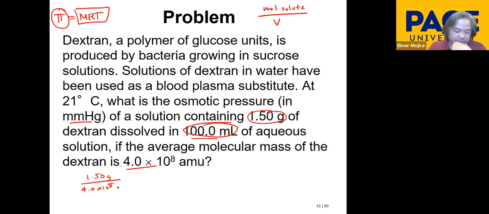That AMU is just a gram per mole. Then you divide all of it by 100 ml, but you have to convert that to liter.